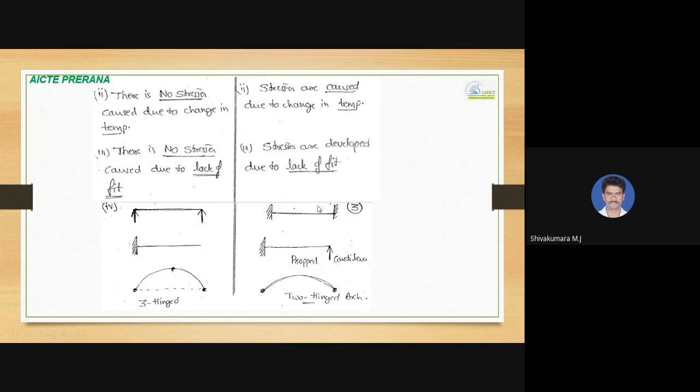Some examples of statically indeterminate structures are the fixed beam, propped cantilever beam, and two hinged arches. These structures cannot be analyzed by using only those three conditions of equilibrium. This requires some more compatibility conditions and some other methods for the analysis.